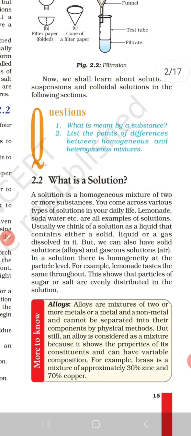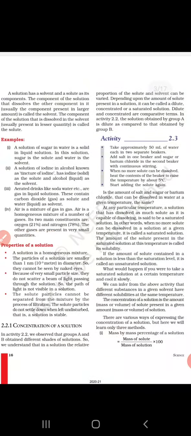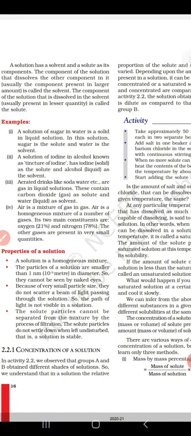Okay, now let's move here. A solution has solvent and solute as its components. Solution के क्या component होते हैं? Solvent and solute. The component of the solution that dissolves the other component is usually the solvent.